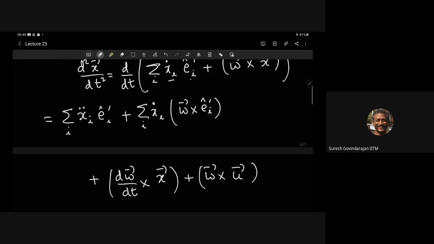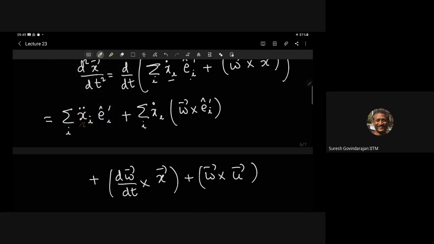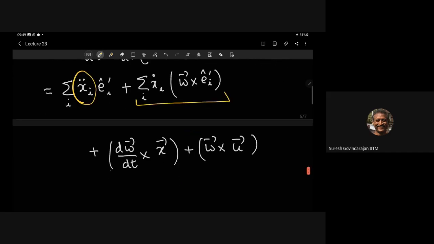Okay, we also have to substitute for U, but all I want to say before I stop here is that naively O prime would have said that this is the acceleration, but we see a whole bunch of extra terms we have to simplify. So these are extra terms.